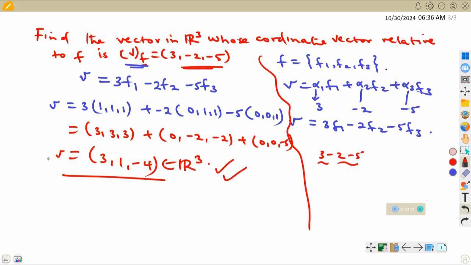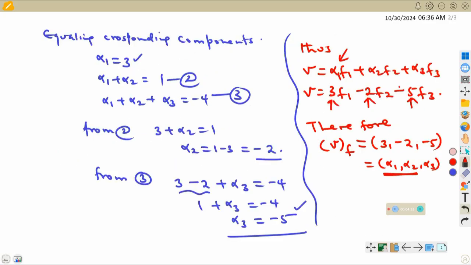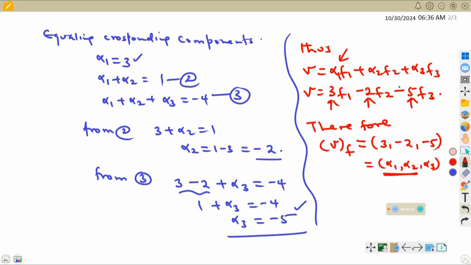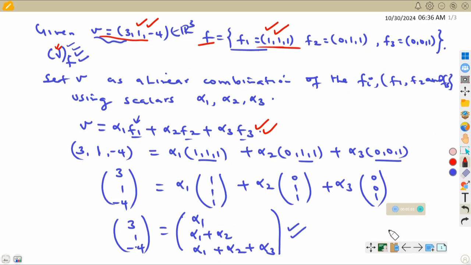So this will be our v. Clearly, the same v we have here is the v we shall obtain when the question is set the other way around. So you can easily get v when you are given the coordinate vector relative to this basis, and you can also get the coordinate vector when you are given v relative to the basis.